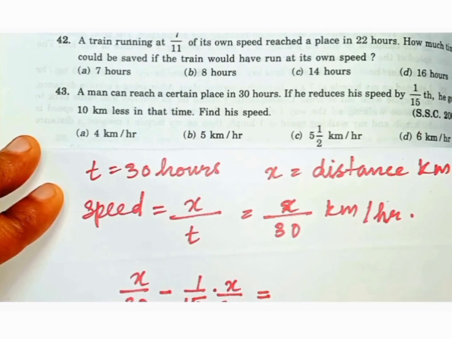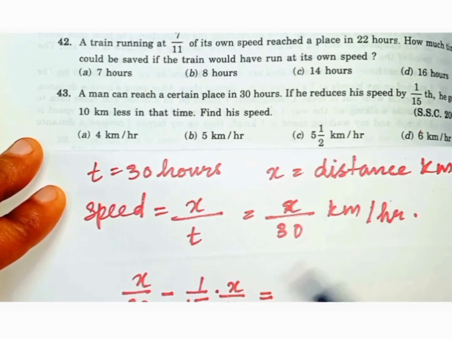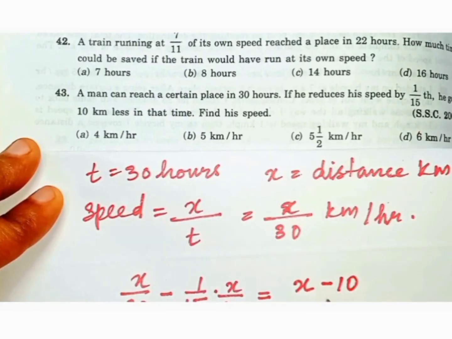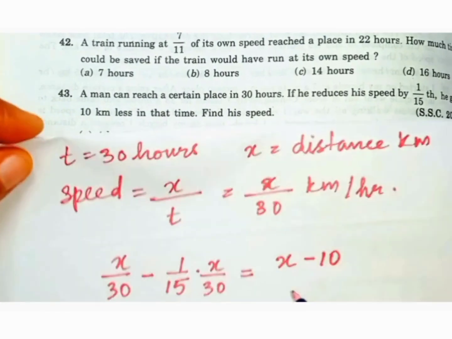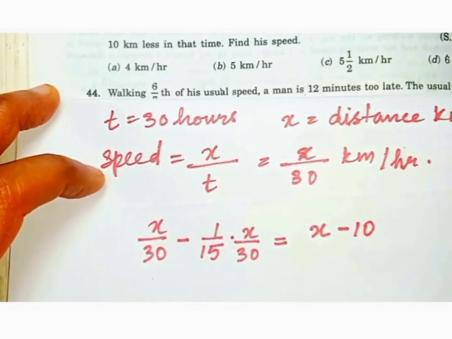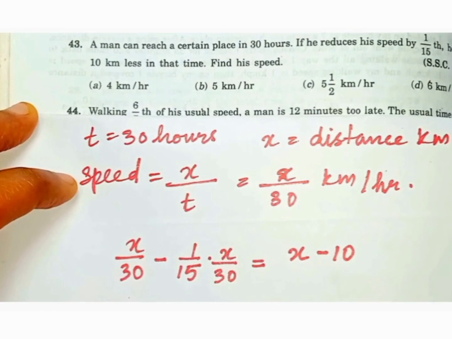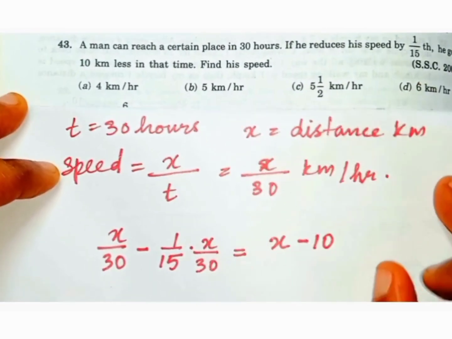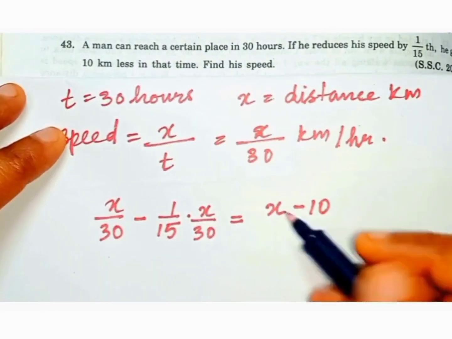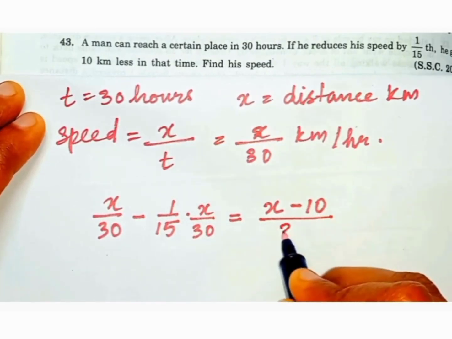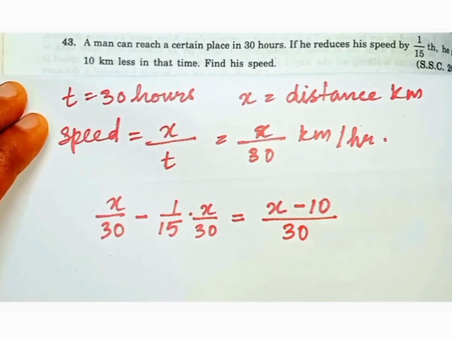They're saying that he will cover 10 km less than the actual distance, which is x. So he is going to cover 10 km less, that is minus 10 km less. He's going to cover 10 km less than the actual distance for the same time, that is 30 hours.